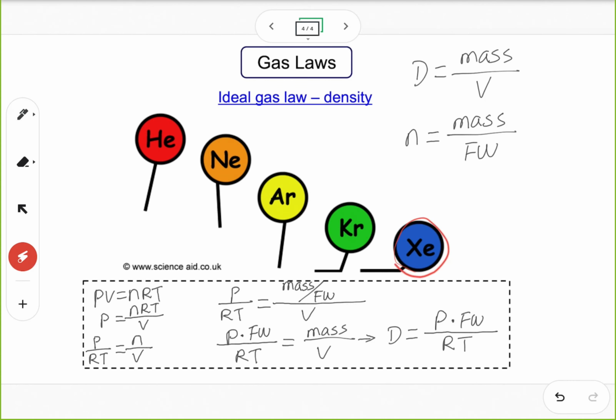And xenon, among the 5 noble gases, has the highest formula weight. If you don't believe me, go check the periodic table, and you will realize that indeed xenon has the greatest formula weight. Therefore, xenon has the highest density, and helium has the lowest formula weight among the 5. Therefore, the density of helium is the lowest one.